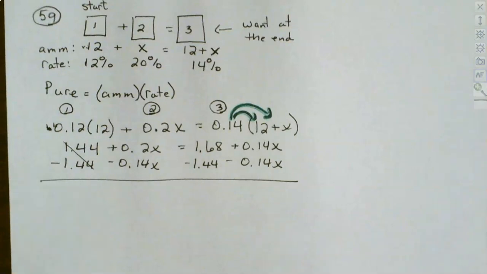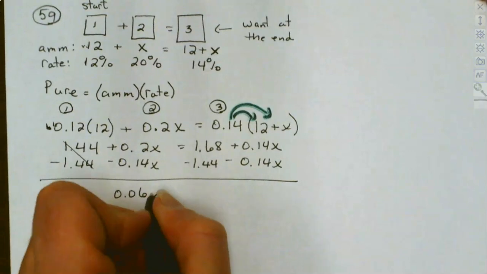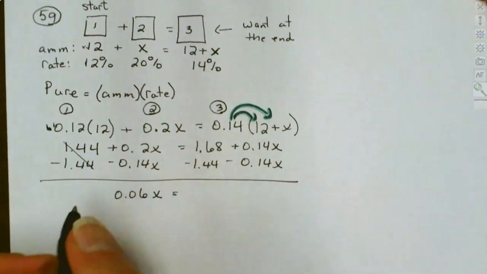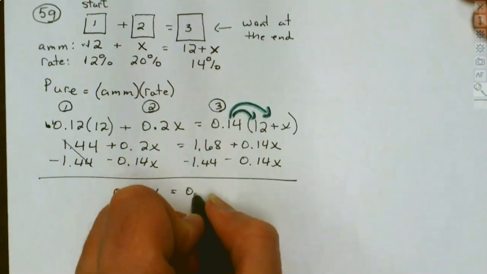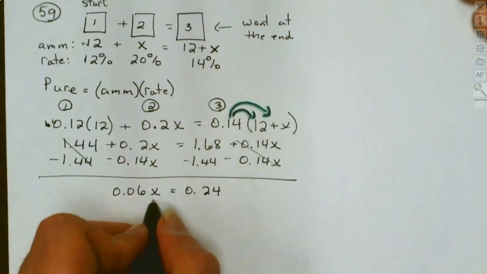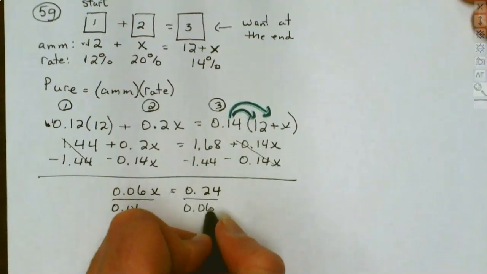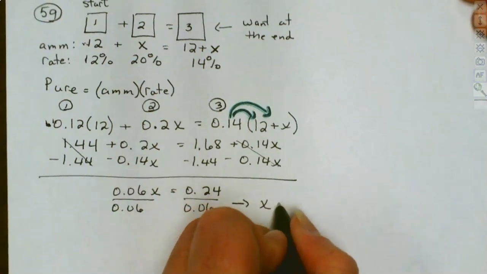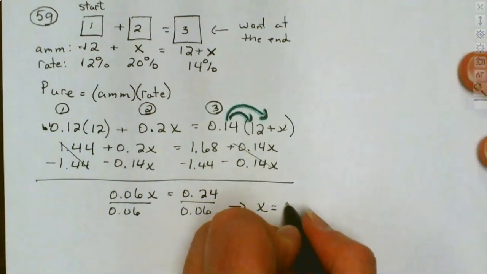And when we put these together, watch your sign, 0.2 minus 0.14 gives you 0.06x here. 1.68 minus 1.44 comes out to be 0.24. The x's here can cancel. We can now divide by 0.06, and now we've got our x. When we divide out, we get x equals 4.